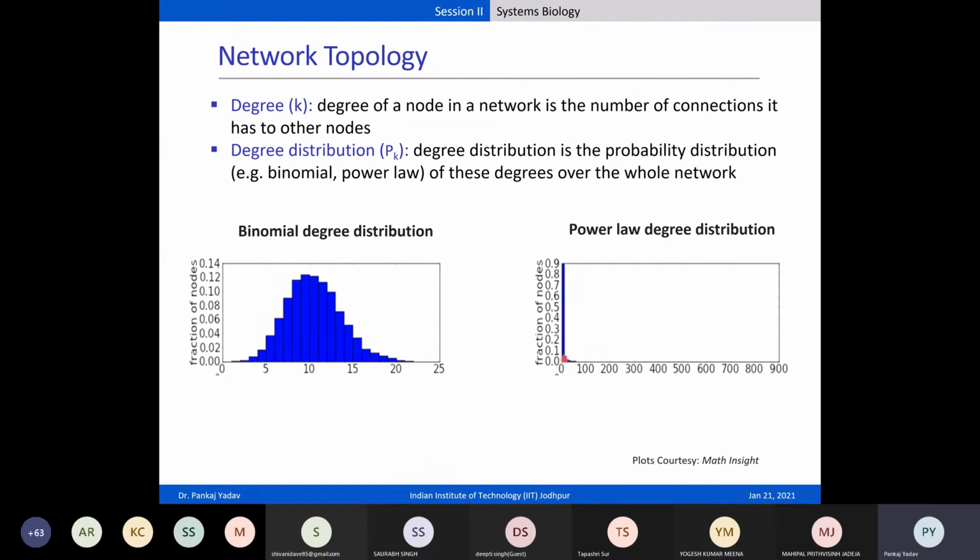Most of the nodes have very low degree. So only a few hub nodes are available. And interestingly, most of these biological networks follow this power law degree distribution. I will also talk about this in coming slides, where we will study different models.